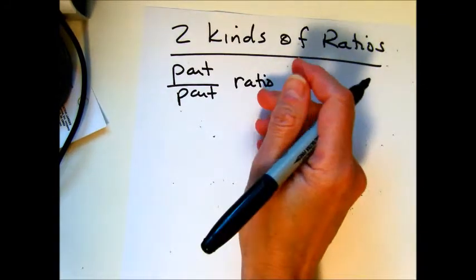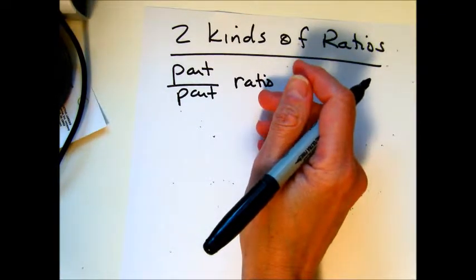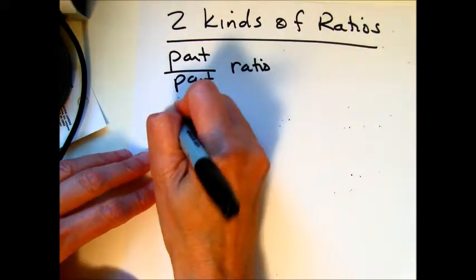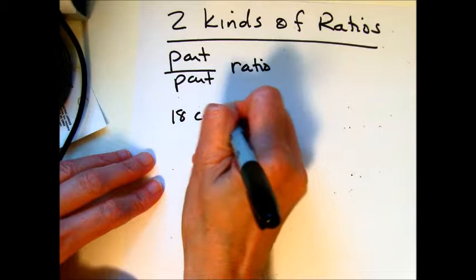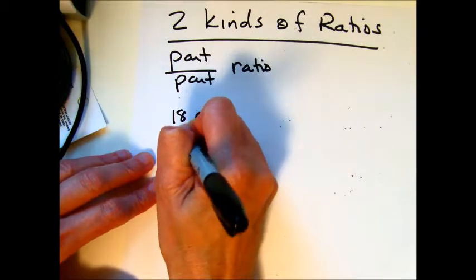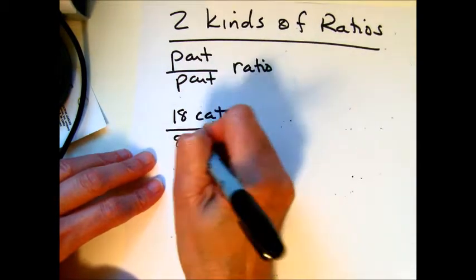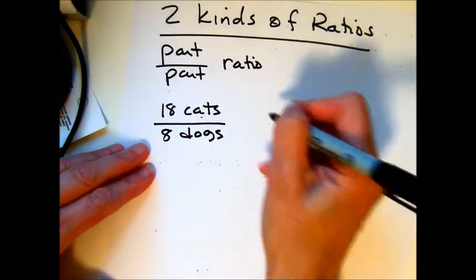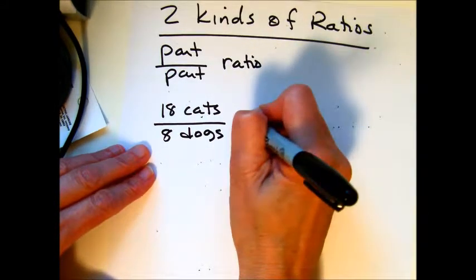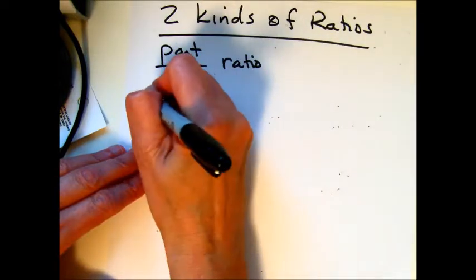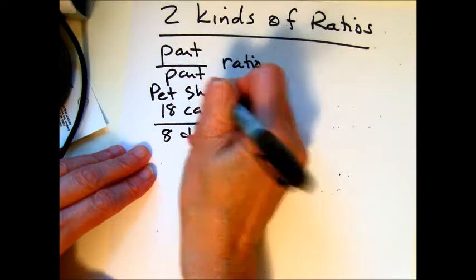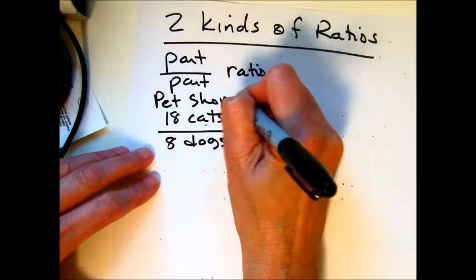So an example would be, say you've got a pet shop and there are 18 cats for every 8 dogs. Okay, so in the pet shop, the pet shop is the whole, okay?